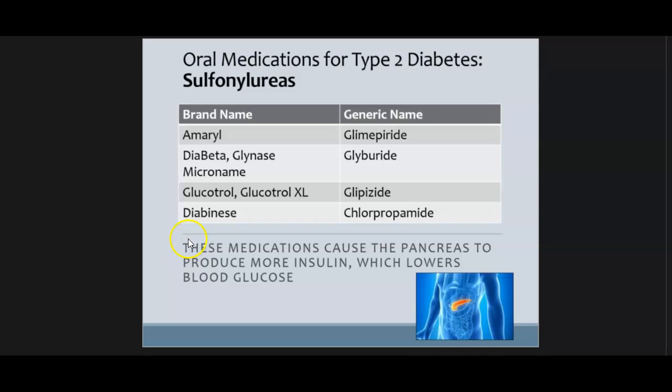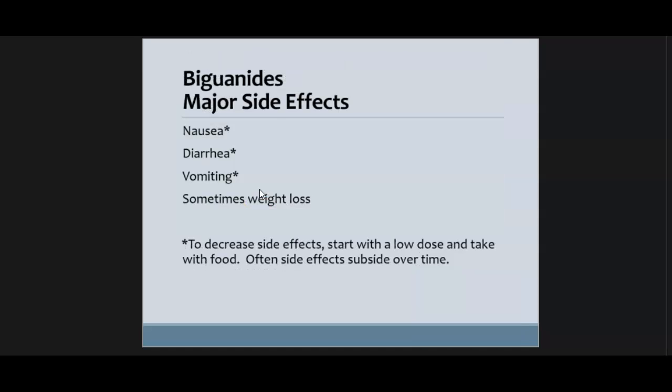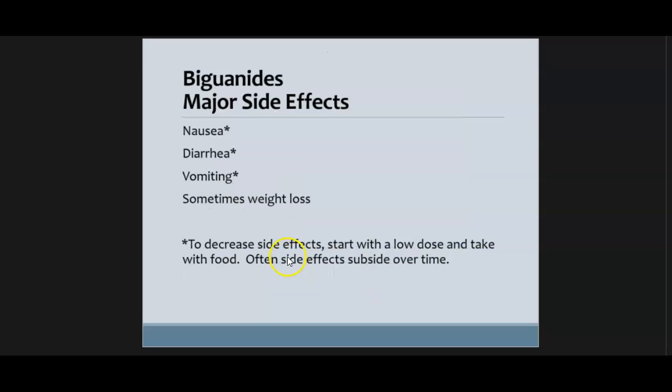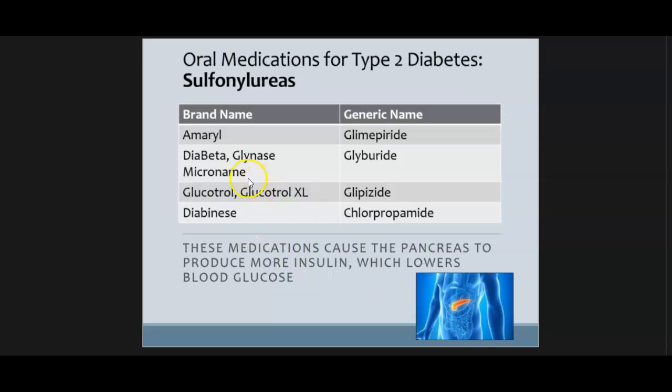The next grouping of oral medications for type 2 diabetes is the sulfonylureas. That's a harder one to say. Some of these you saw could have been combined with metformin in these combination pills. People can take biguanides and sulfonylureas together.